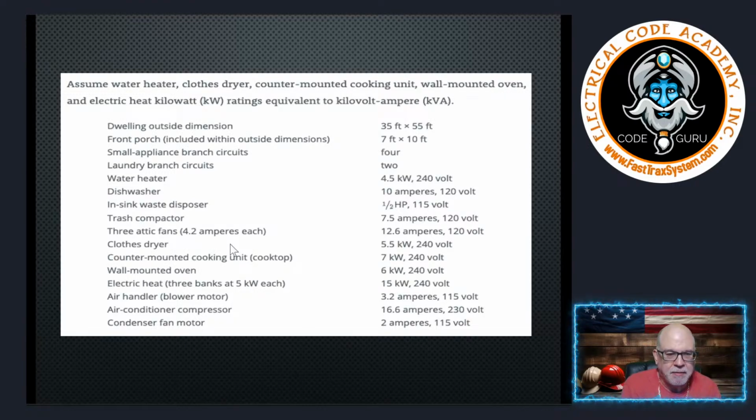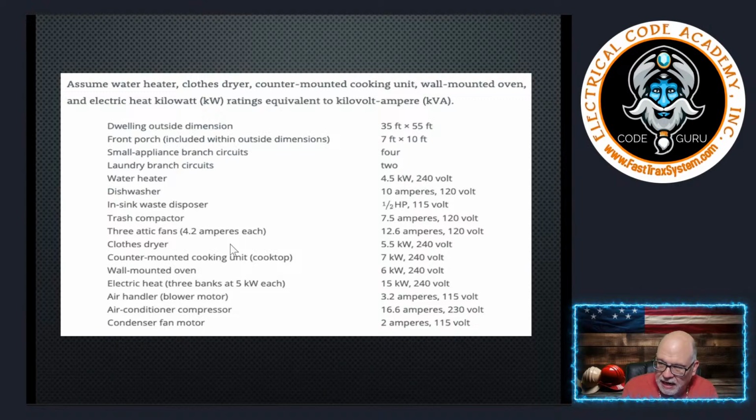We know the outside dimensions of the dwelling, which is 35 by 55 foot. So it looks to me like a rancher. We do know that there is a front porch that is 7 feet by 10 feet. Okay, so we know that that's not going to be included in our square footage, but we've got to see how we do that.